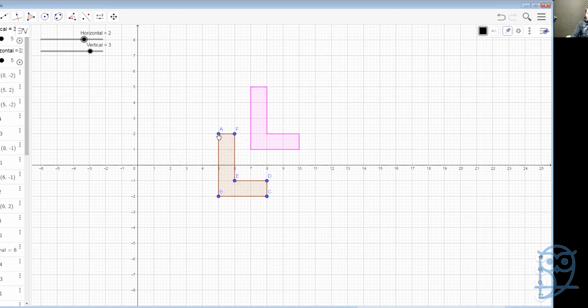So A is moving 3 units upwards, 1, 2, 3, up to that point there, and 2 units to the right, 1, 2, and that's exactly where we've ended up. So this can essentially move anywhere that we want. And then, just to once again prove that it's not changed at all, it totally overlaps.